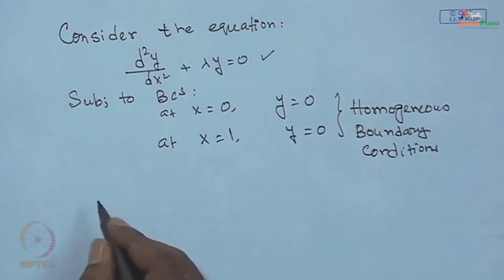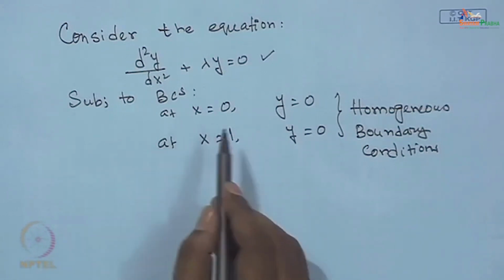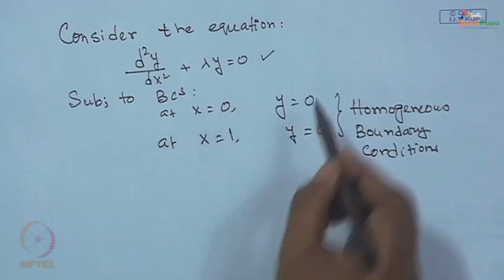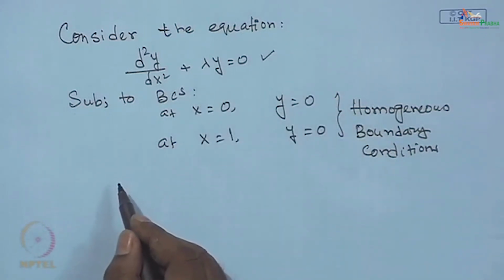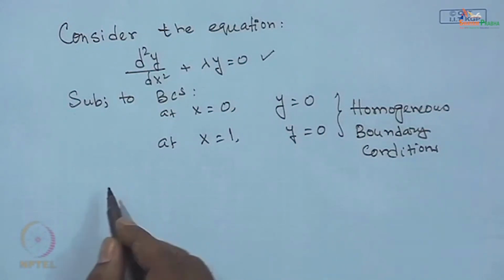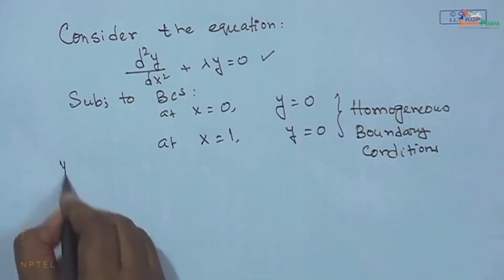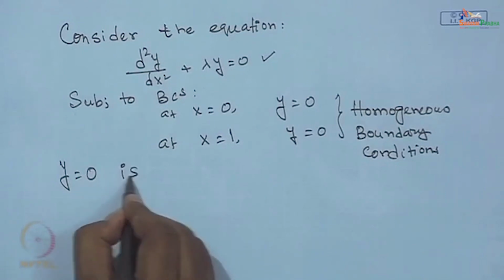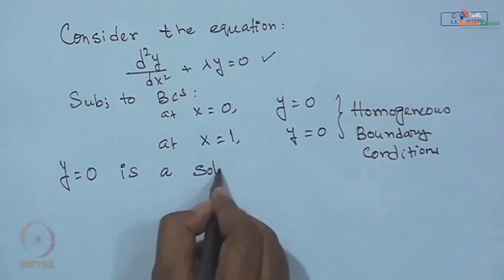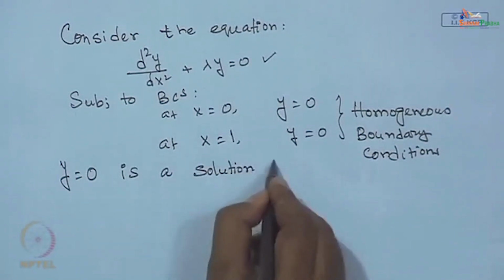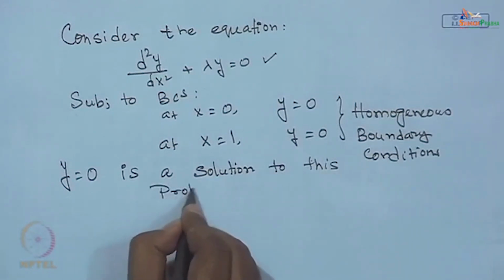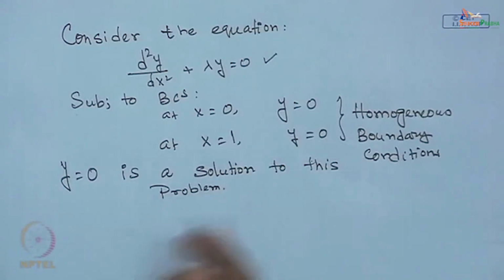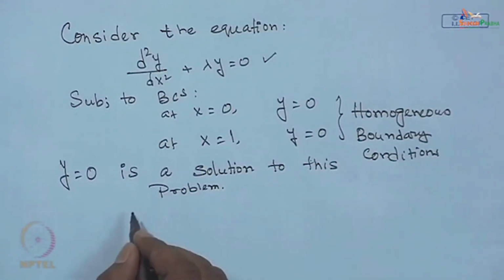Okay. So, now clearly in this equation, the governing equation and the boundary conditions are satisfied by the solution y is equal to 0. So, therefore, y is equal to 0 is a solution to this problem, but this is not a solution that we are looking for.